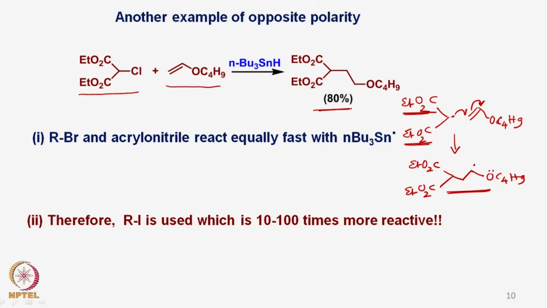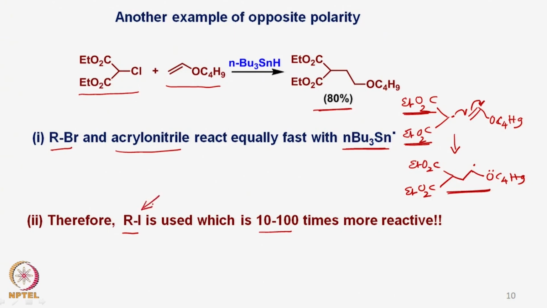It is also found that the carbon-bromine bond of the original starting material RBr and, say, acrylonitrile, they react equally fast with tributyltin radical. But then what is found is that RI reacts 10 to 100 times more than the RBr, and therefore many a time the possibility of using RI is explored.